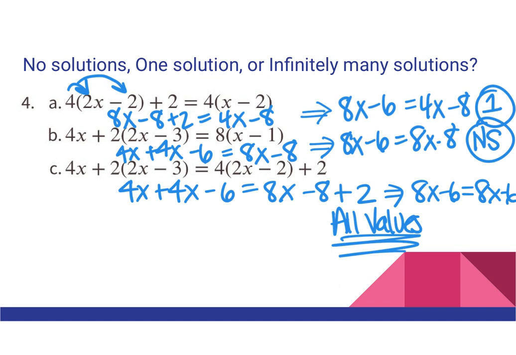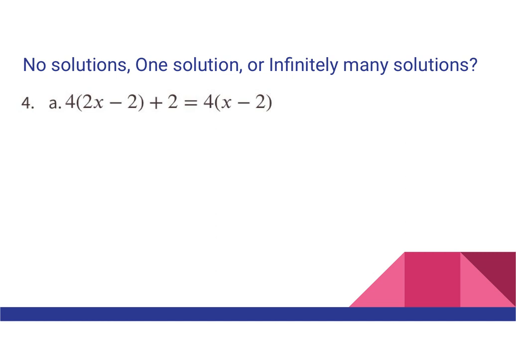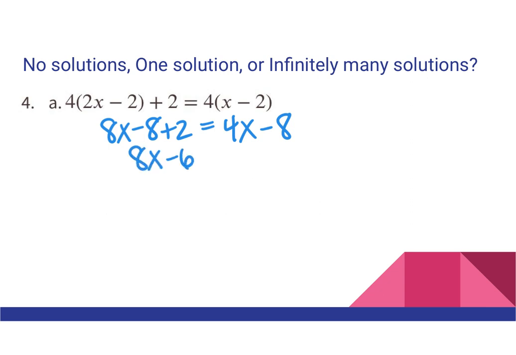So you already know which one we got to solve. We got to solve equation A. So I'm going to go ahead again and distribute. So I have 8x minus 8 plus 2 on the left and 4x minus 8 on the right. I'm going to continue to combine my like terms. 8x minus 6 is equal to 4x minus 8.